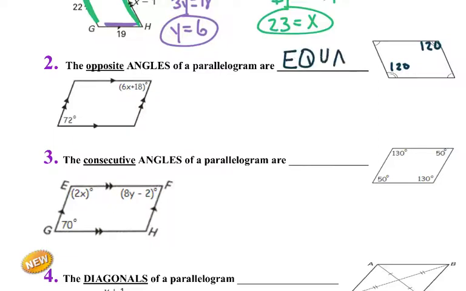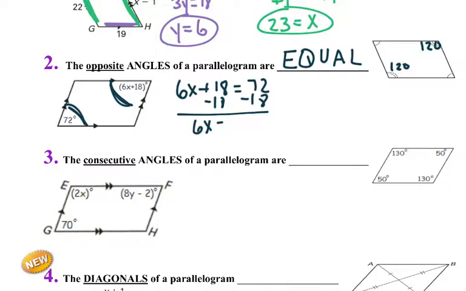So the opposite angles of a parallelogram are equal. Or in a little algebra problem, maybe 6x plus 18 equals 72. I would subtract from both sides, so 54, and if I divide both sides by 6, x equals 9. Opposite angles are equal.